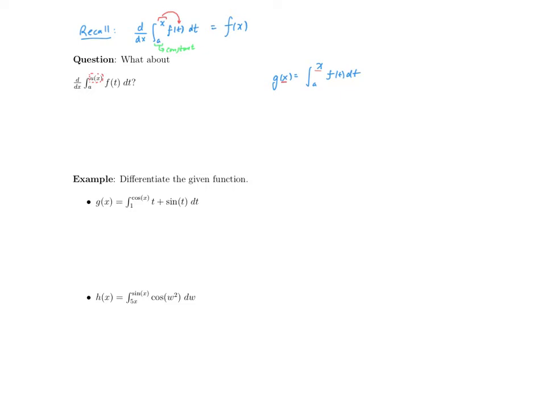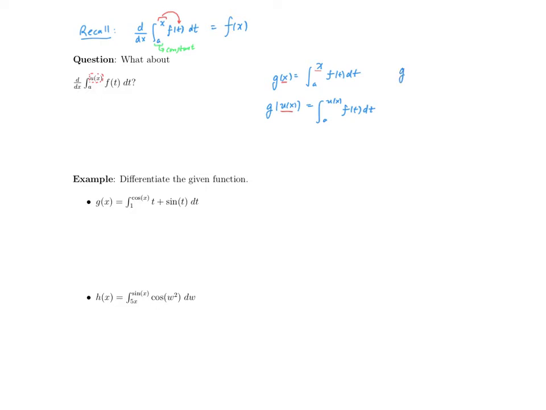So for example, if we had g of the quantity u of x, the u of x is what becomes our new upper limit of integration. So this would be the integral from a to u of x of f of t dt.